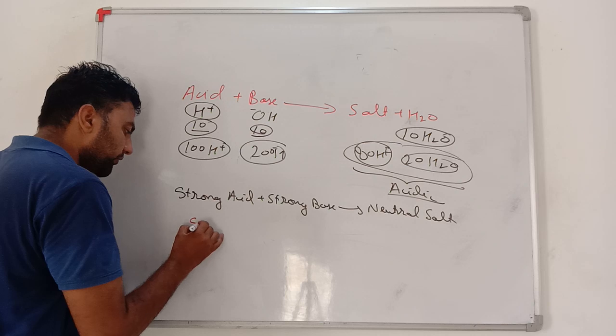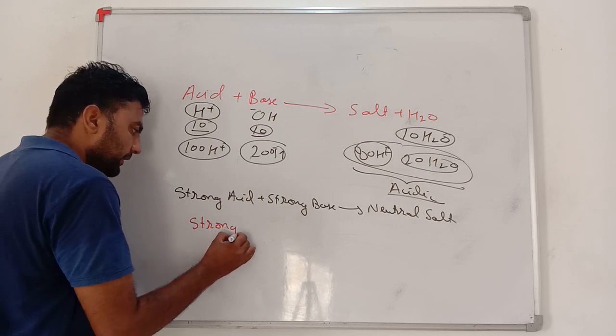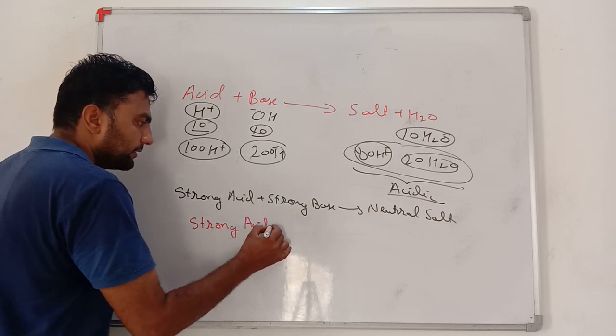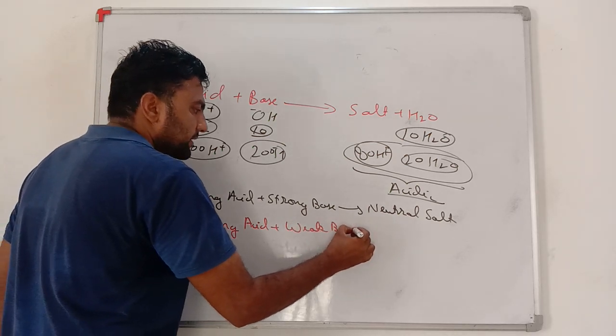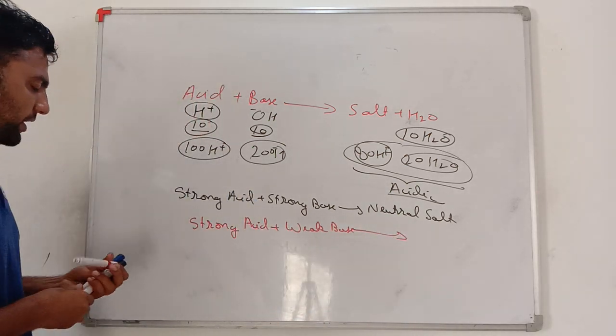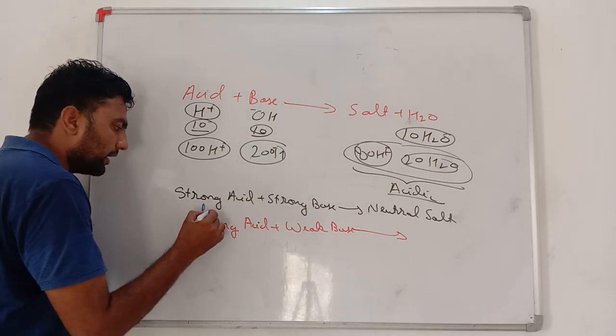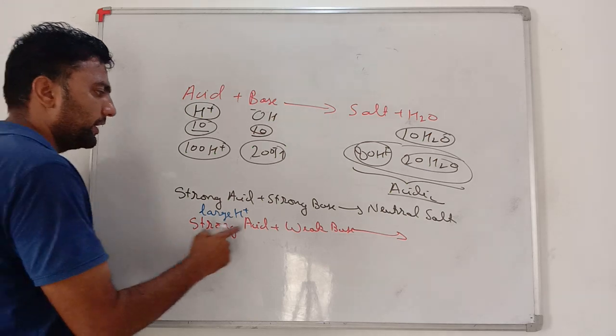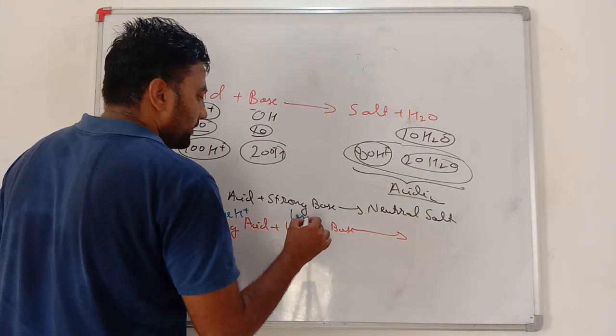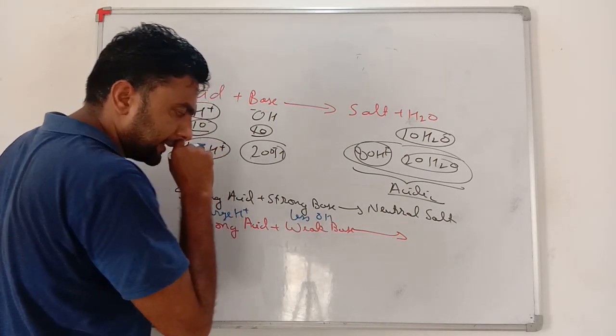But if a strong acid reacts with a weak base, see, a strong acid has large H plus ions, yes or no, and a weak base has less OH minus ions.